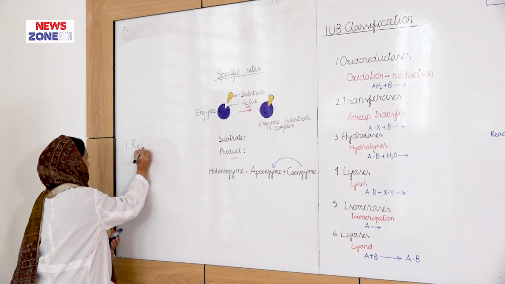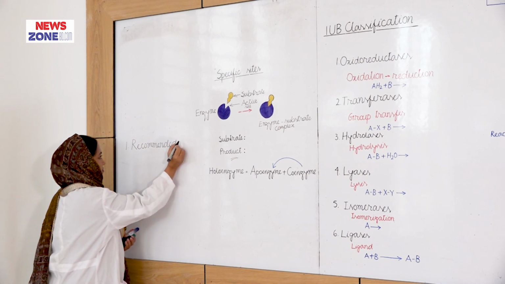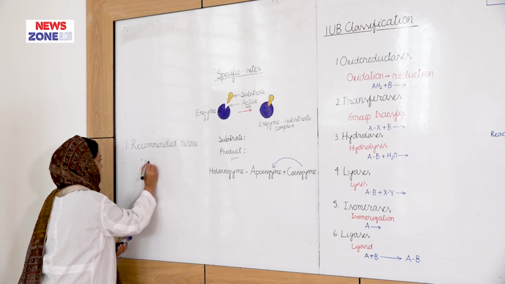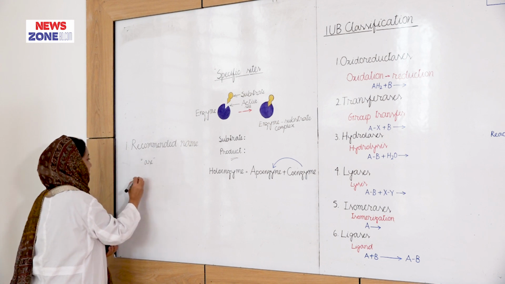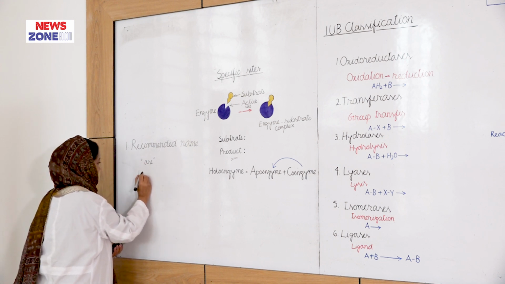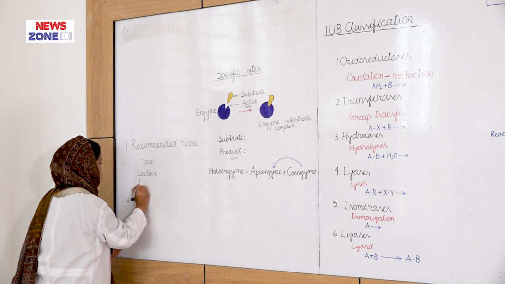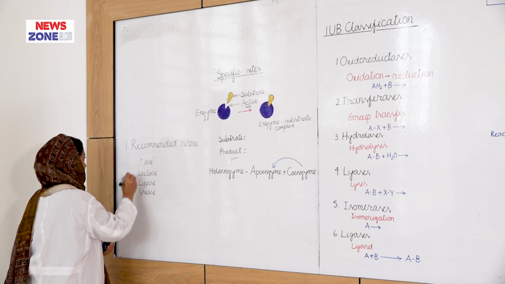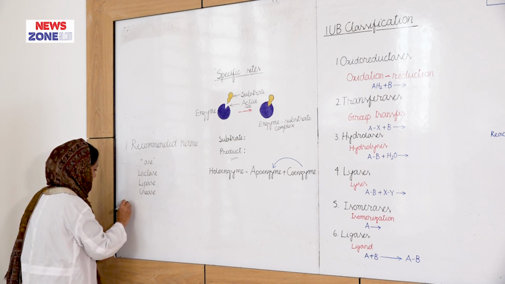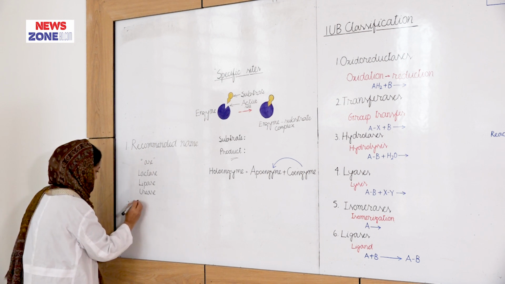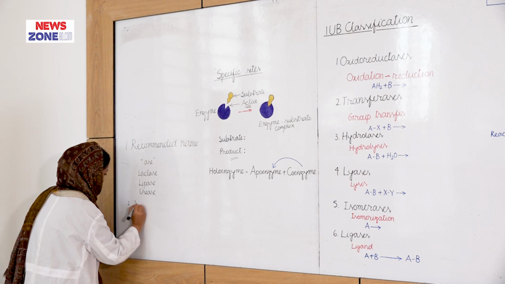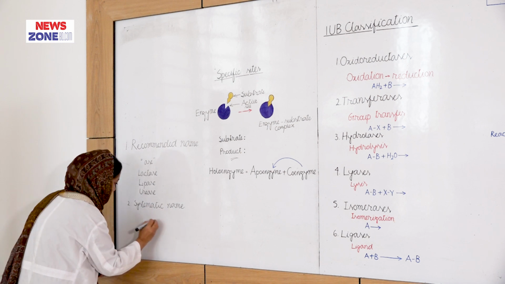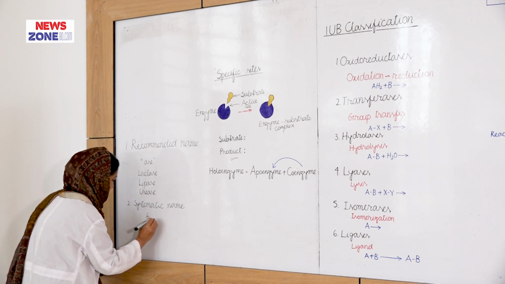Number 1 is the recommended name, where the suffix -ase is attached to the substrate for naming the enzyme, for example lactase, lipase, urease. Another, more acceptable, is the systematic name, the IUBMB classification. According to this classification, enzymes are classified into 6 major classes.